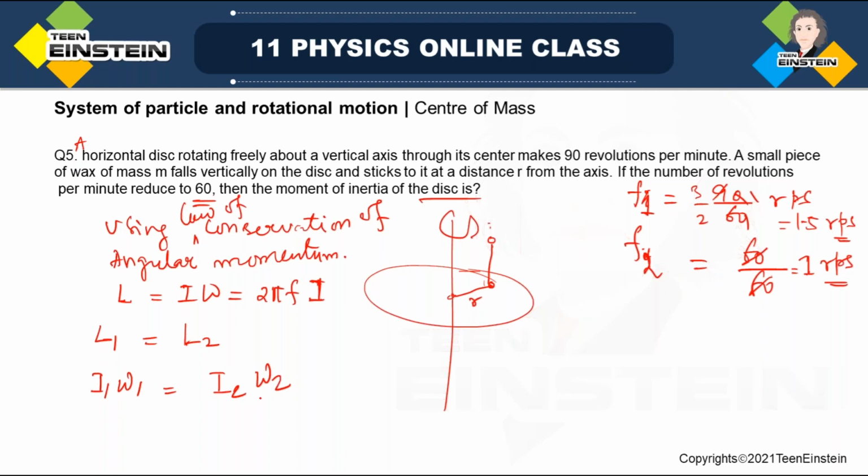the moment of inertia of the disk about the given axis?